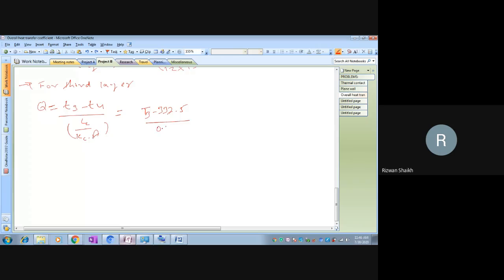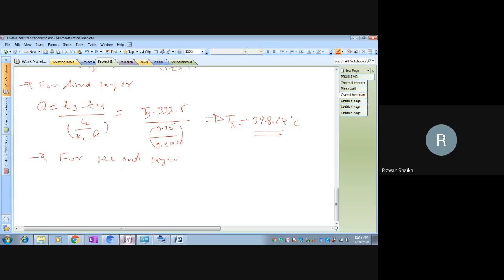So LC is 0.15 divided by Kc, Kc is 9.2, into 1. If I go with this, I can easily calculate my unknown value of T3 from this expression. So it is 398.64 degrees Celsius.